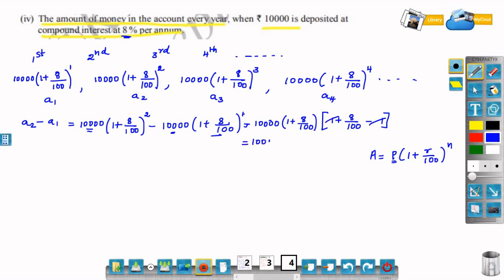So 10,000 into 8 by 100 into 1 plus 8 by 100, that is 10,000 into 108 by 100 into 8 by 100. Let us keep it like this only.